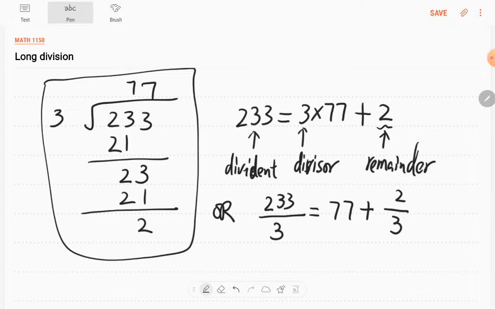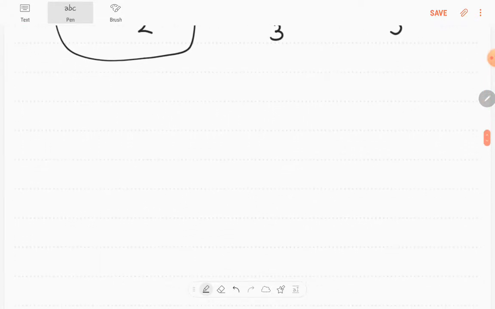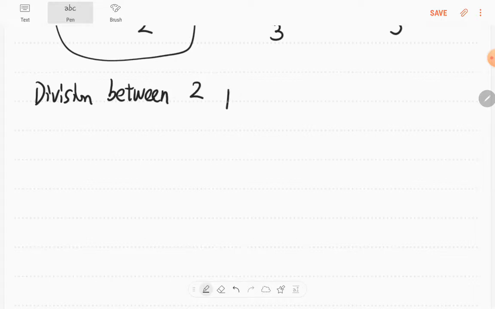So we can use a similar way to deal with the division between two polynomials. We use an example, okay?